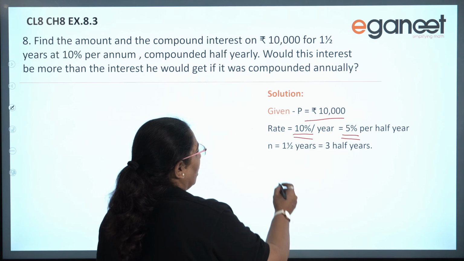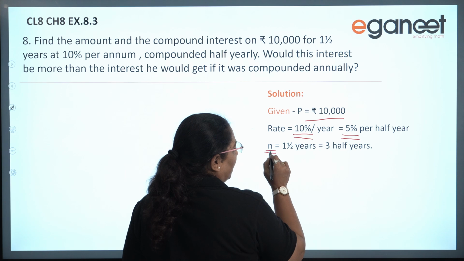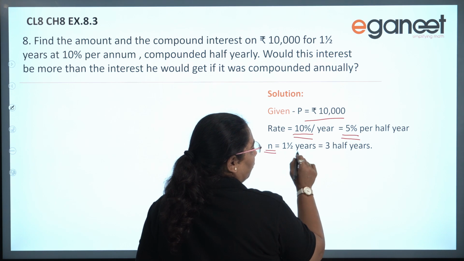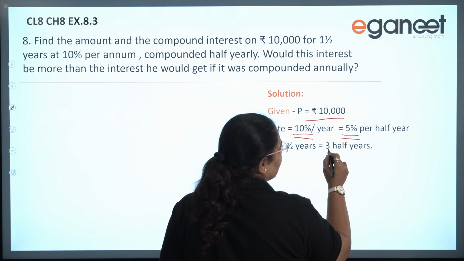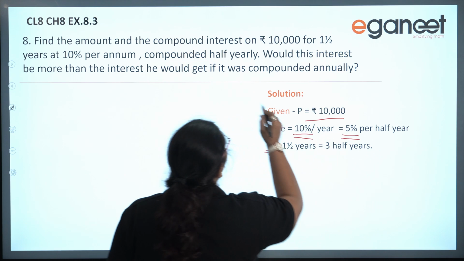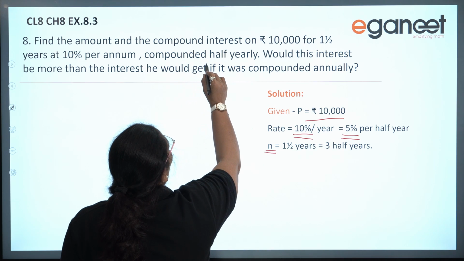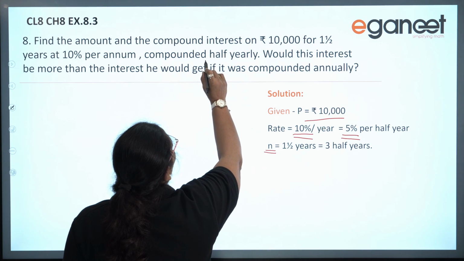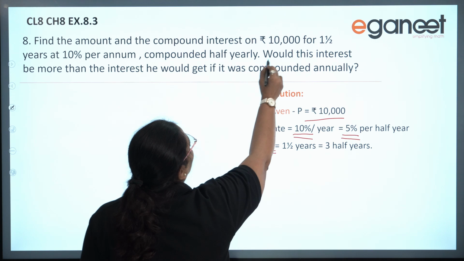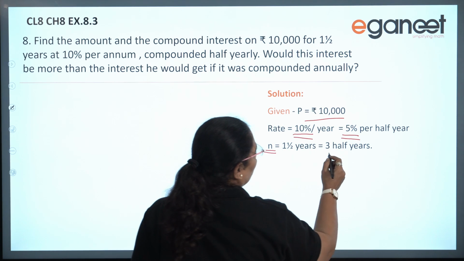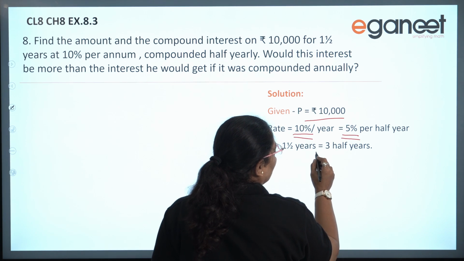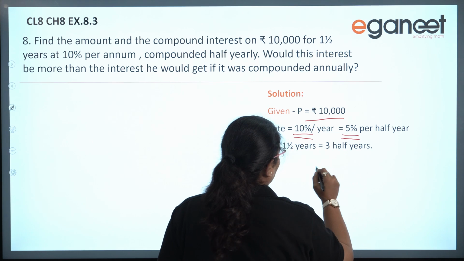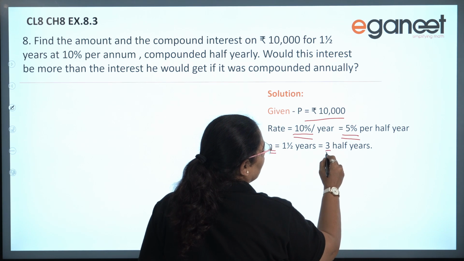Then time period or number of periods is given 1.5 years. As the interest is compounded half yearly on the principal, we have to convert number of years into number of half years. So n will become equal to 3.